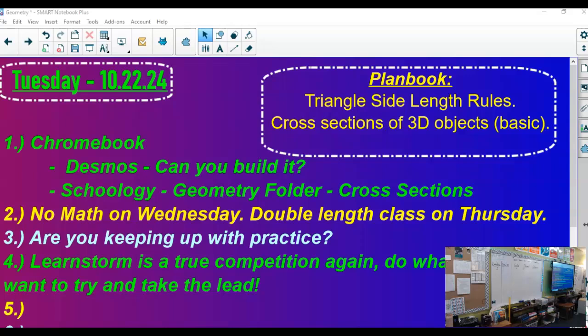Oh, now I do understand, Lydia. So even laid down completely flat, it's no longer a triangle.